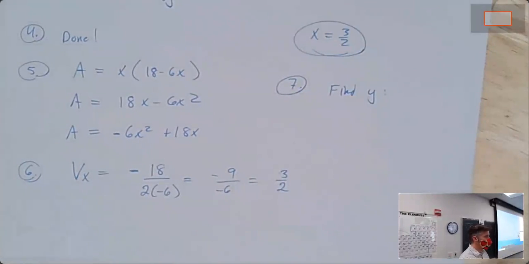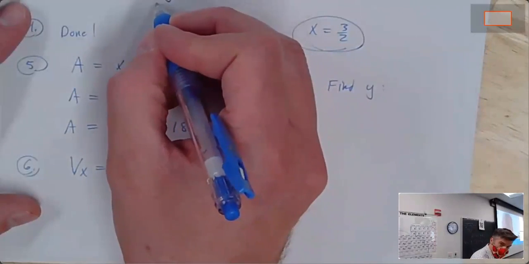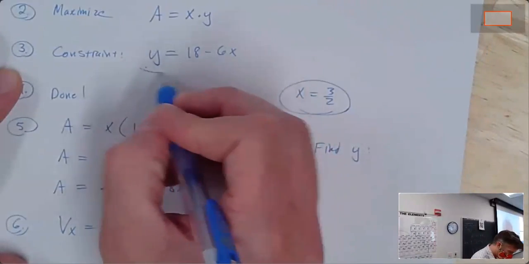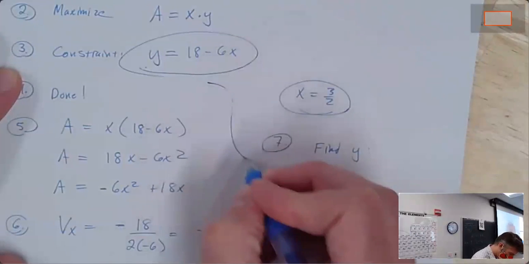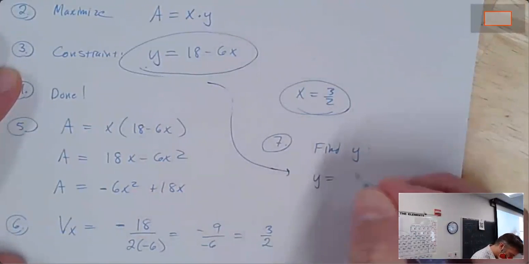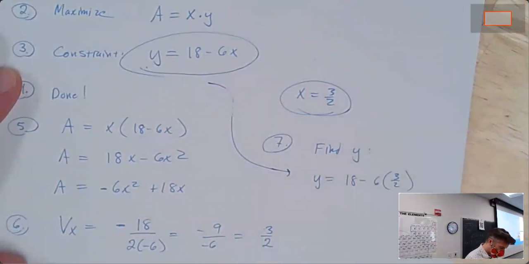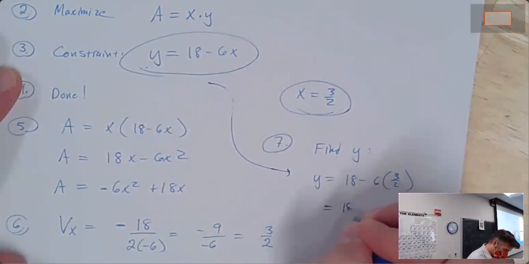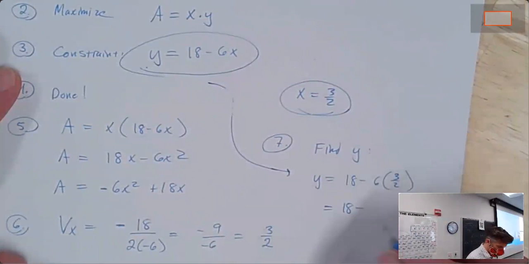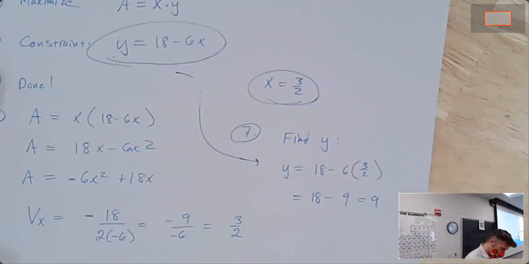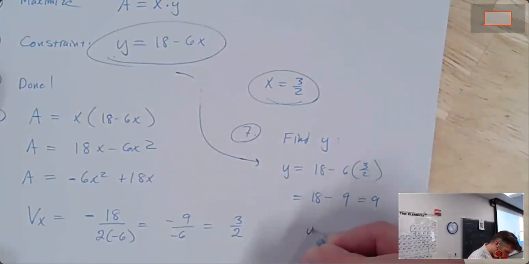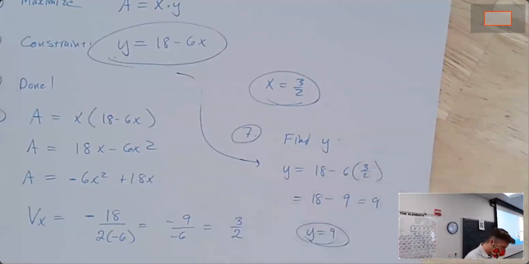Luckily, we have an equation for y right there. So y is equal to 18 minus 6 times 3/2. And that's going to give you 18 minus, let's see, 6 times 3/2 is 3 times 3, which is 9. That's going to give you 9. So those are the dimensions of the rectangle that maximize the area.